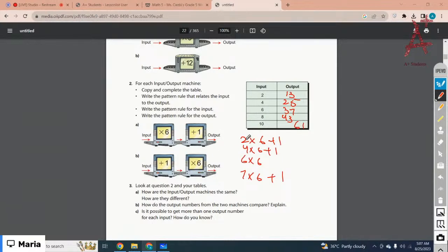So the pattern rule is n times 6 plus 1. So you can say the pattern rule is 6n plus 1, right? That is for machine A. For machine A, the pattern rule is 6n plus 1, right?